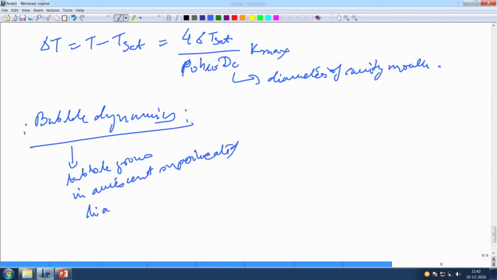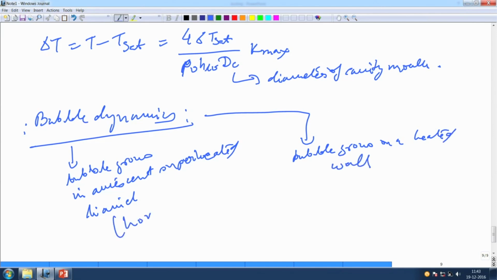That is what we did just a moment ago, when we established the critical diameter. In the other, the bubble grows on a heated wall. So this is homogeneous nucleation, this is heterogeneous. We are going to study this in detail now, so that we can see what is actually going on.